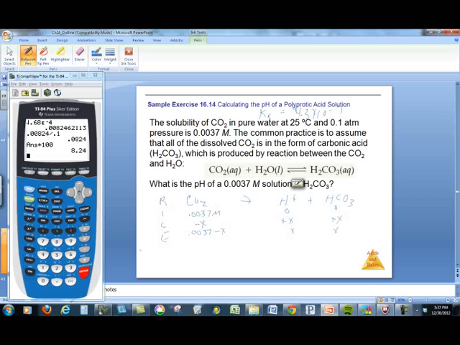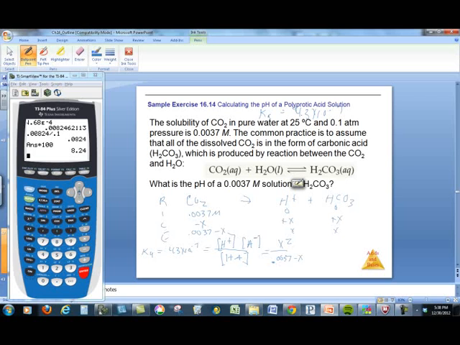So my Ka, which is 4.3 times 10 to the minus 7, is equal to my H+ times my anion concentration over the acid concentration. In this case, that's x squared over 0.0037 minus x. Okay?